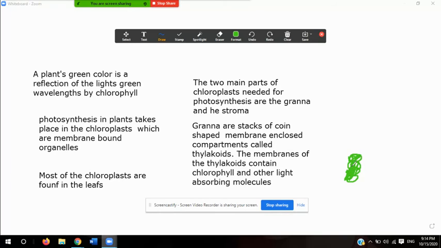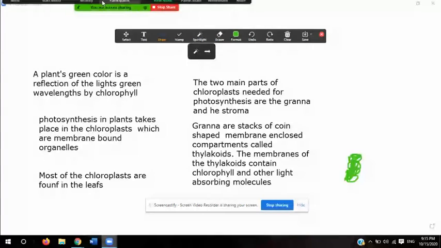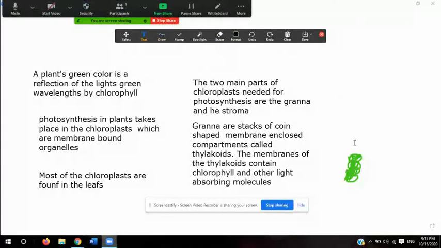It says the stroma is the fluid that surrounds the grana inside of the chloroplast. So the stroma, let me see if I can write that. If I move this a little bit, I can write it down here.